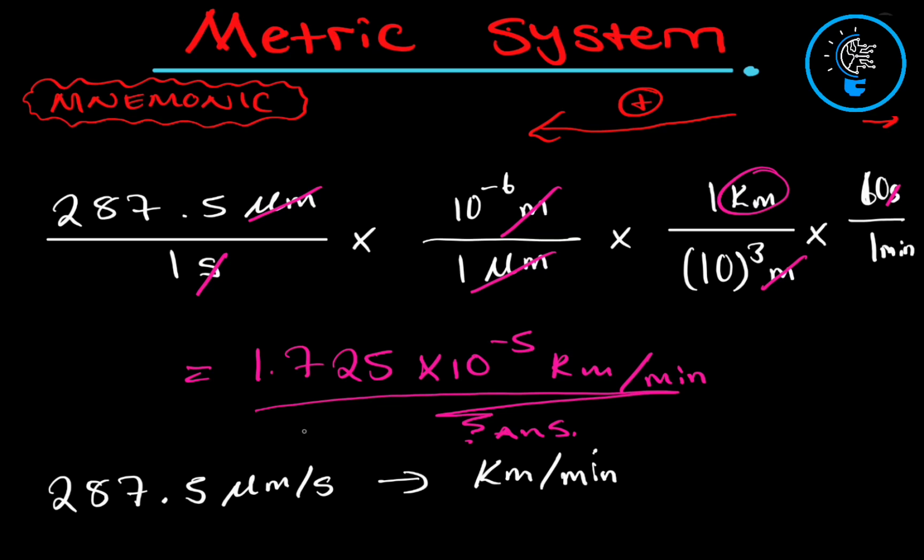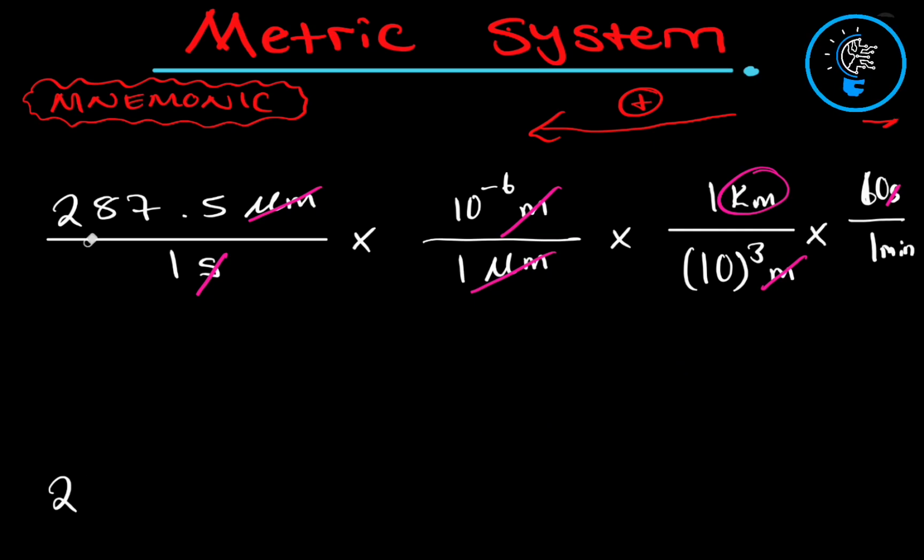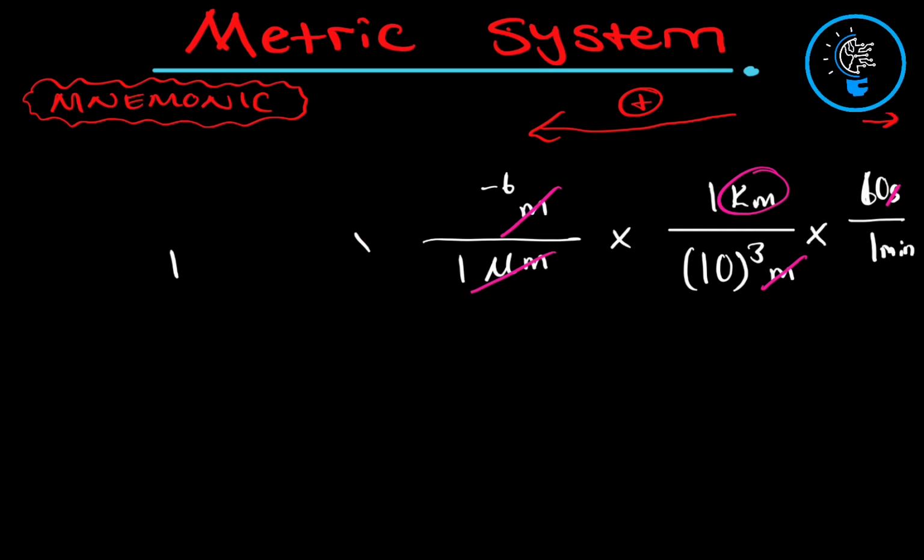Very easy and straightforward. Okay, let's close by converting a volume measurement. So let's say we've been given 2.32. Let's say this time we have meters cubed, or volume, and we want to convert it into liters.